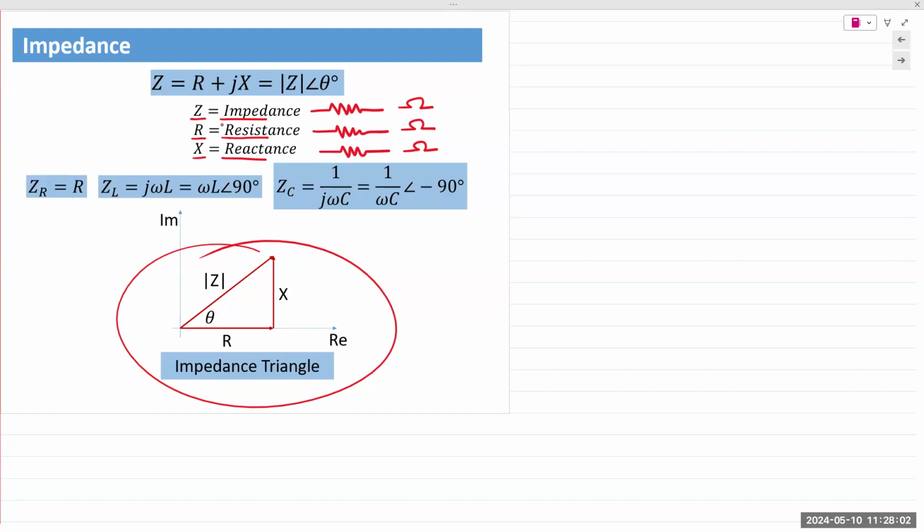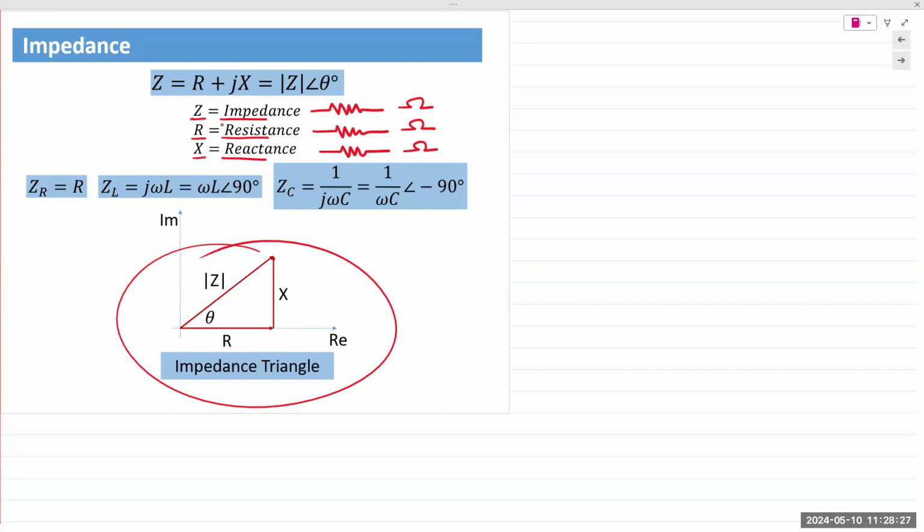Headphones are usually 32 ohms impedance. You'll never see the word reactance. You'll always see impedance, because impedance comprises both resistance as well as reactance, both together. And of course, it's not a fixed quantity. The impedance will change depending on the frequency of the incoming signal.